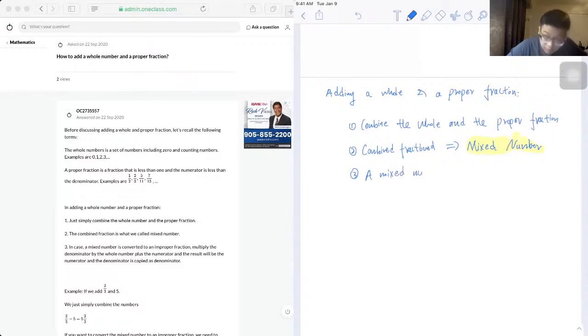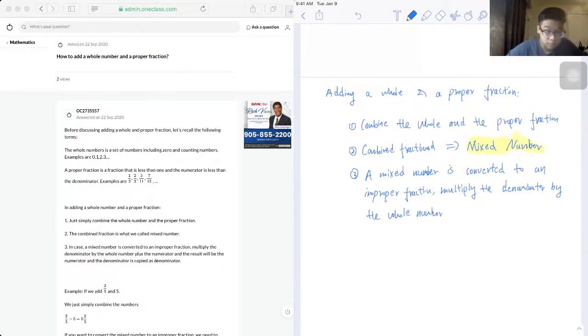A mixed number is converted to an improper fraction: multiply the denominator by the whole number plus the numerator.